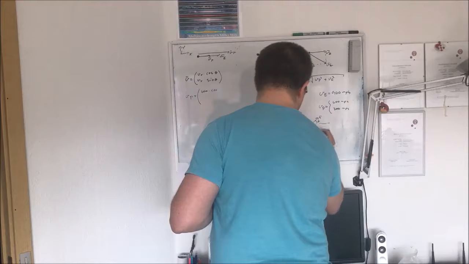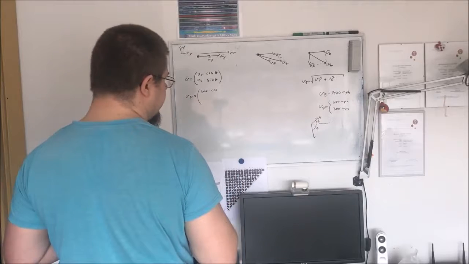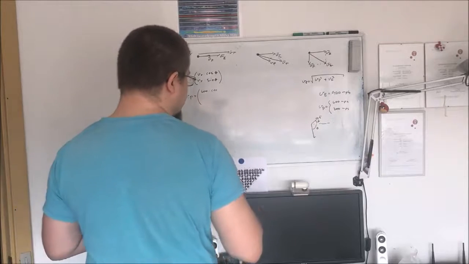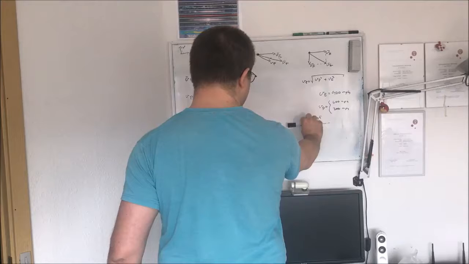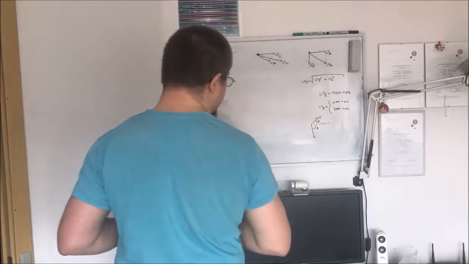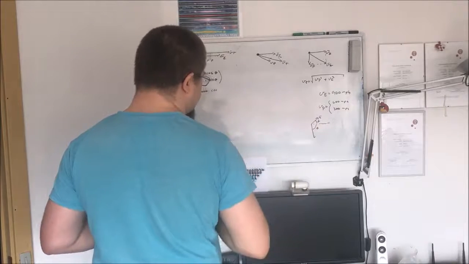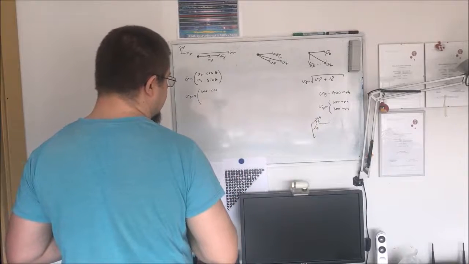If we have a vector down here like this, then in this case the angle is negative. And of course, if we put it the other way around, we can choose whether it should be negative or positive. The most probable thing would be to use the positive angle system.